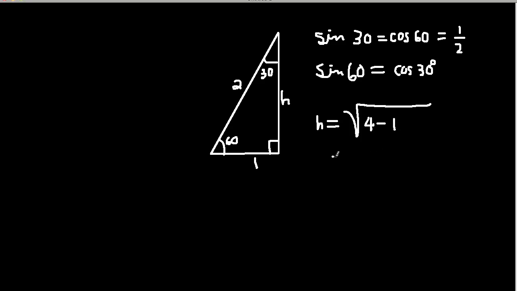So h is equal to the square root of 3. And so this side is the square root of 3. So it makes this cosine of 30 degrees equal to the square root of 3 divided by 2. Okay, so there we go.